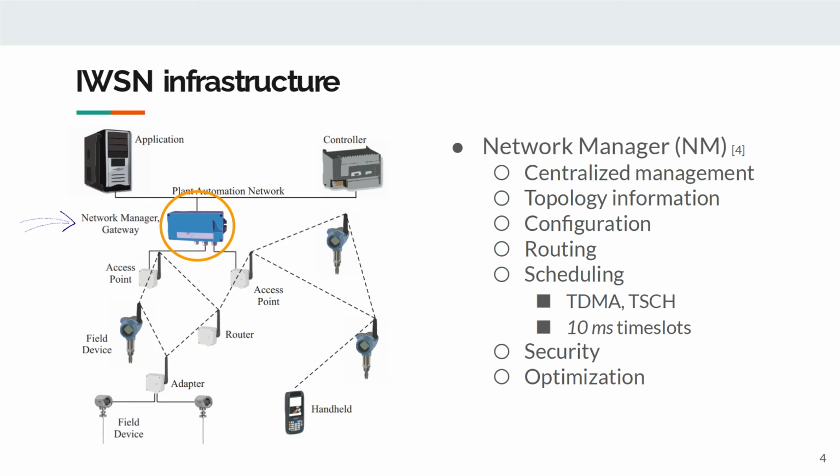The gateway provides the connection with the automation network, and this device, called a network manager, is connected to the gateway and is responsible for the overall configuration of the network. These centralized approaches allow better control of the network operation and also reduce the costs of the nodes.